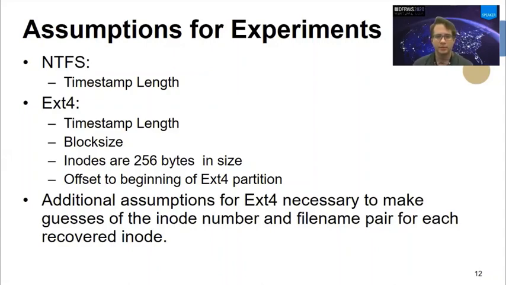The reason we need to make these additional assumptions for ext4 is that our ext4 file system parser tries to make guesses of what the inode number and file name pair is for each of the inodes it finds. And this is why we have the inode number attribute inside each inode, so we can compare our guesses to the ground truth. Unfortunately, we don't have time to go over the method and how we made these guesses. Maybe we can take it in the questions.